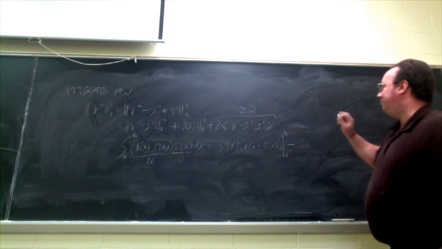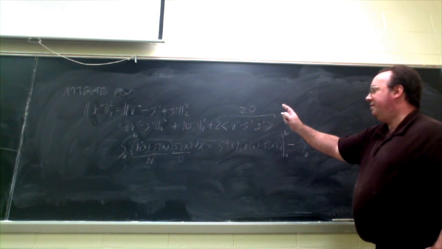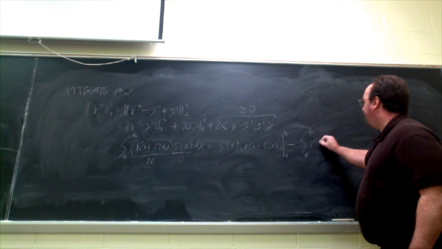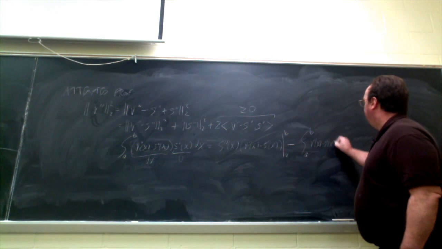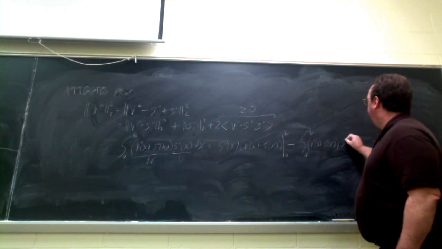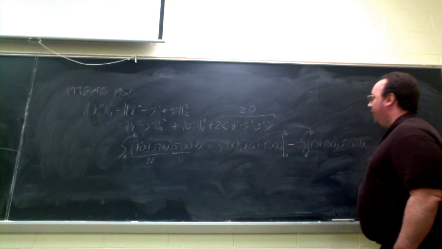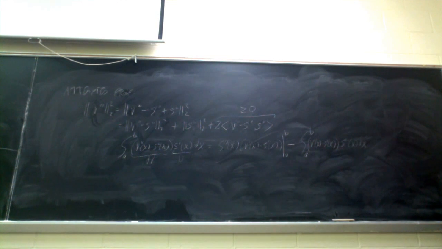So now I have minus integral of v, which is v prime minus s prime, du, which is s triple prime. Okay, now this is a cubic spline. The third derivative is not continuous, it's going to be piecewise constant.